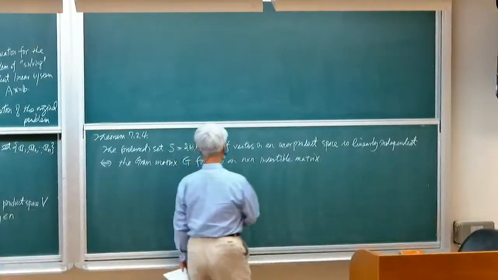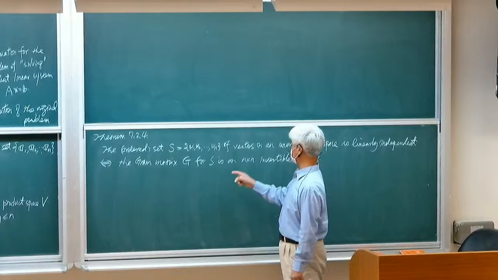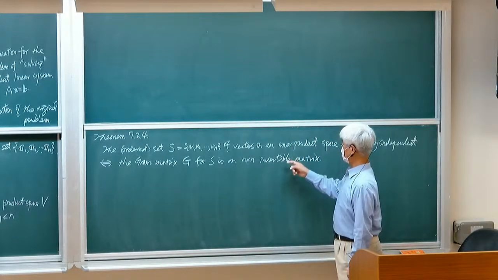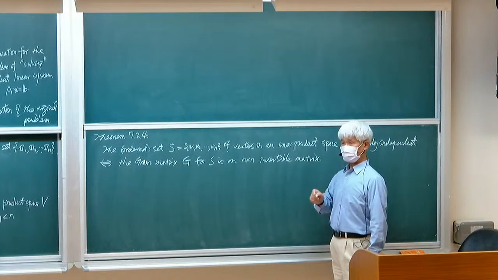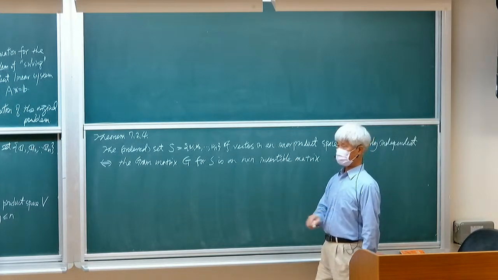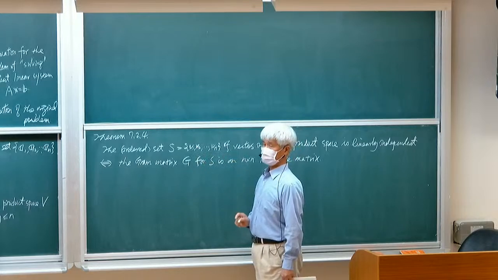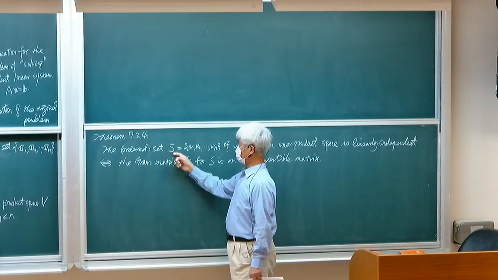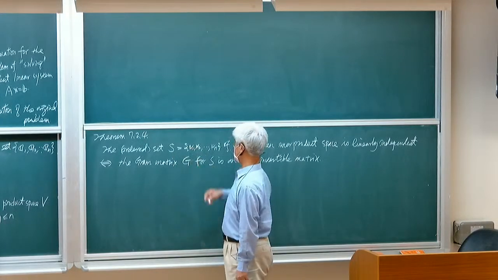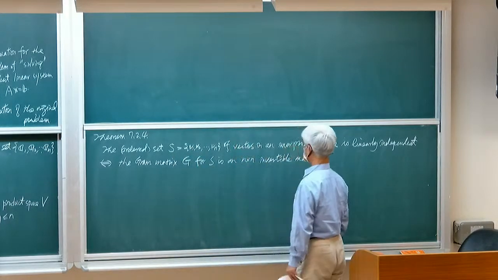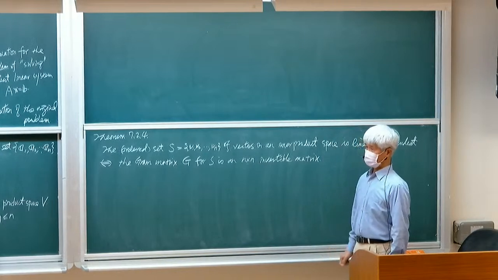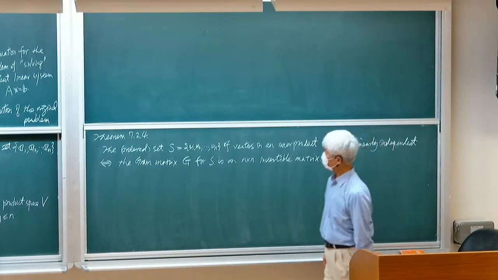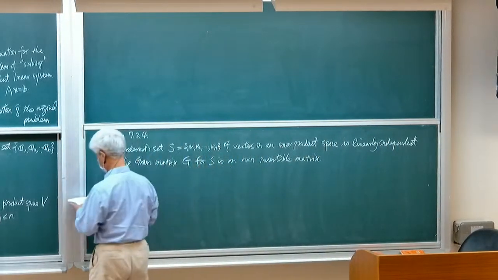You can check whether this numerical matrix is invertible or not, which is much easier. So it is a very good tool for checking whether a set of vectors in a general inner product space is linearly independent. That's quite useful.